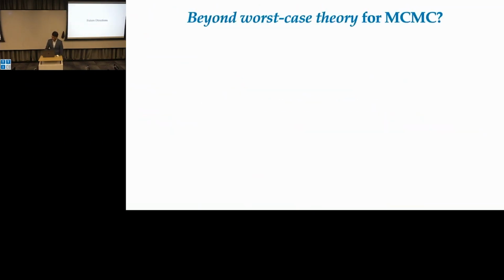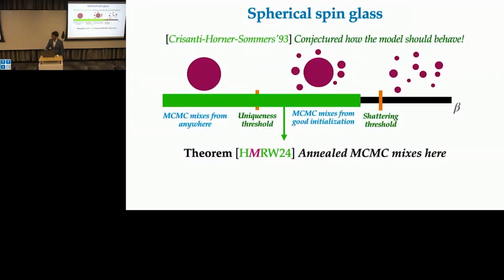So let me just go back to the slide. There's this particular regime of the inverse temperature beta where MCMC from a worst case initialization provably fails to sample. Worst case meaning also from random, I assume? No, actually, by worst case I really mean contrived. Like you look at the input and then you, as the devil, decide where to initialize.